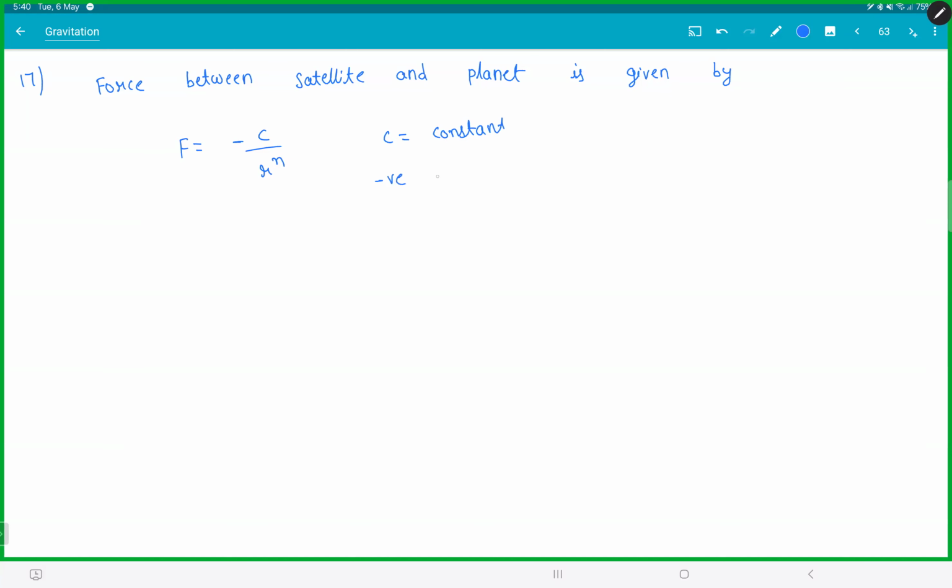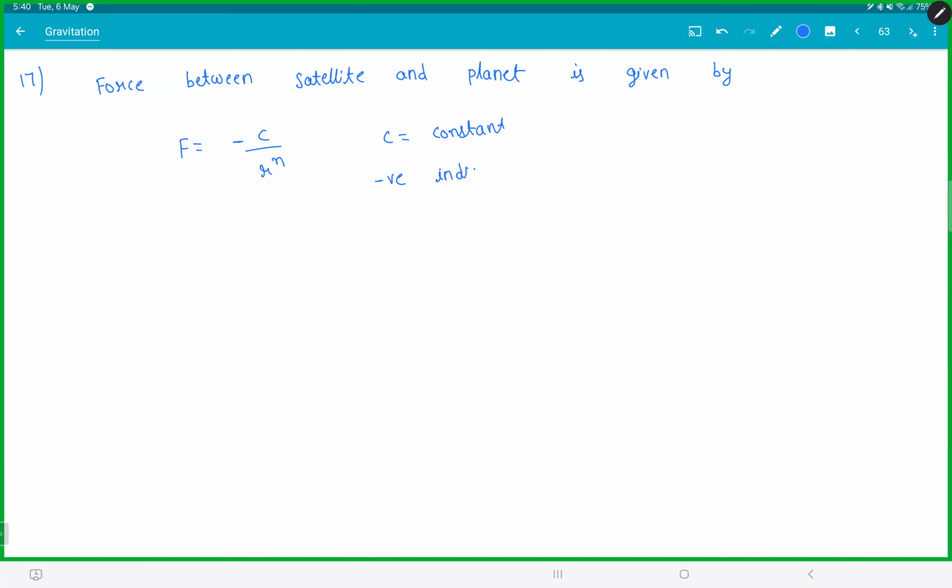Minus indicates attractive force. R is the distance from center of the planet. M is the mass of the satellite. N is some number. N could be any number.